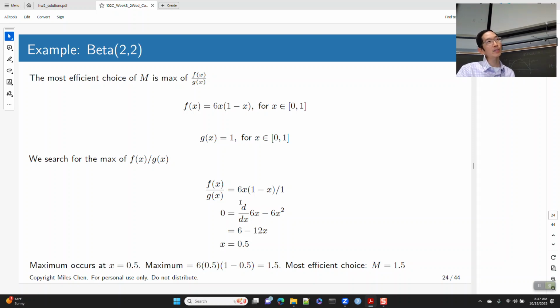Finding the max value might require a little bit of calculus: you figure out the functional form of f of x divided by g of x. In our case, it's very easy. You take the derivative, set it equal to 0, and solve for the max. Anyway, we have m equal to 1.5.